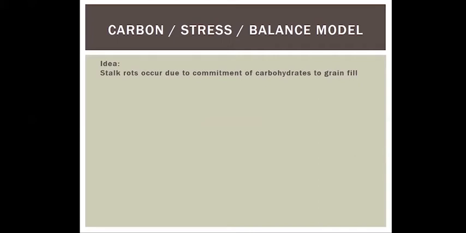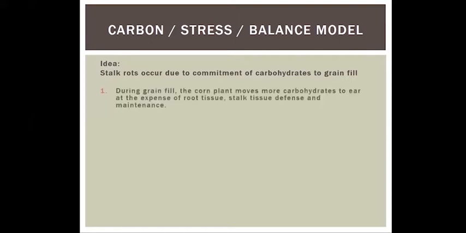And when you have situations that are going to reduce the carbon budget or are going to increase that sink strength, for example, hybrids that have really big ears, that's going to minimize the amount of carbohydrates available in the rest of the plant. Okay, so during grain fill, once we start to tassel, once those ears come out, the corn is going to be moving carbohydrates that are produced via photosynthesis to that ear.